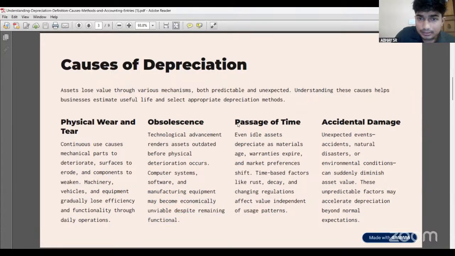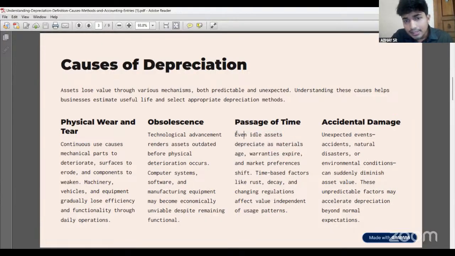And another reason, passage of time. This is kind of similar to physical wear and tear and obsolescence, but here the passage of time is completely different. I should say that with an example. I bought this machinery which manufactures pens, and I didn't use it. I didn't move it at all. I just kept it in one corner, without using it.